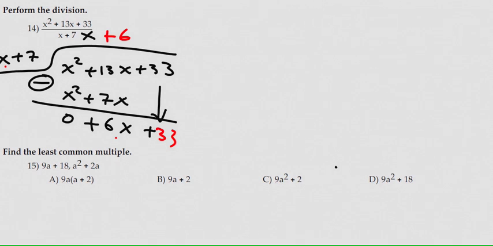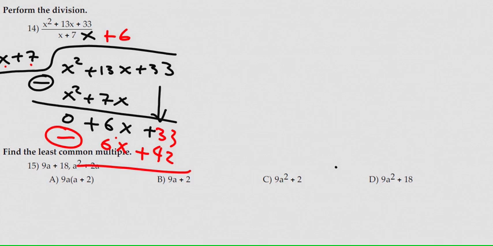We multiply now by both: you get 6x here, and also 6 times 7, which is 42. Subtract one more time, you get 0 here, and then 33 minus 42 is negative 9. That's it. So this is the remainder.